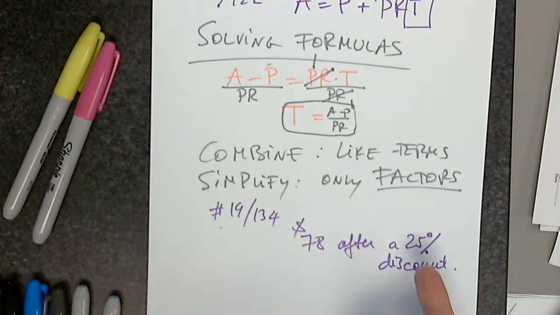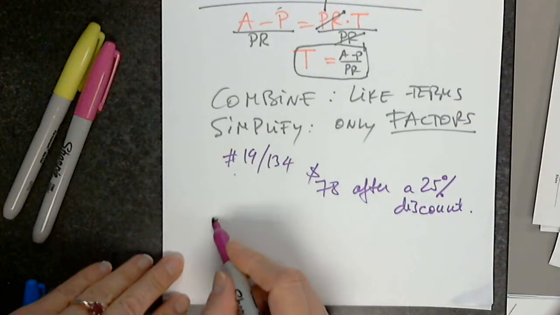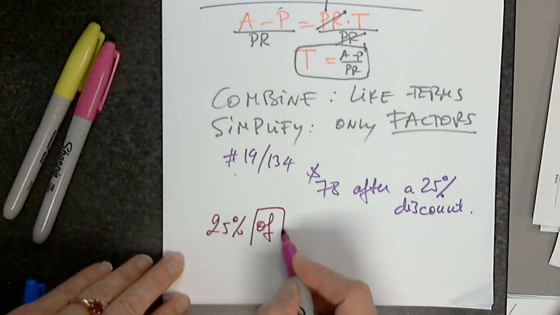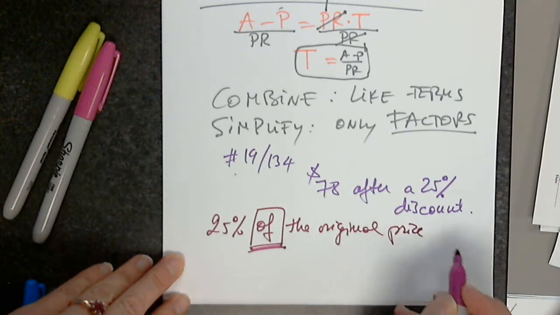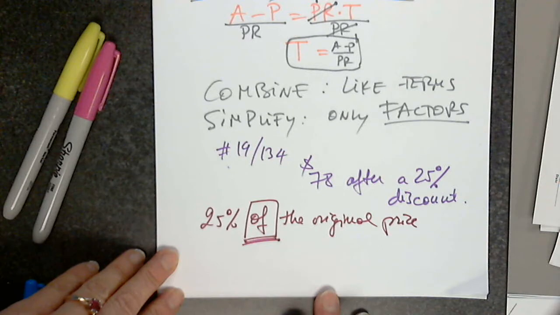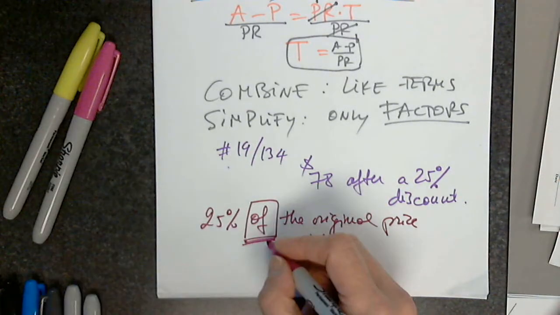So a 25% was a discount on what? On the original price. Awesome. So 25% of, this is the key word here, of the original price. Do we know the original price? No. Give it a name, please. X. Awesome. So when I say now, this is a very important piece.